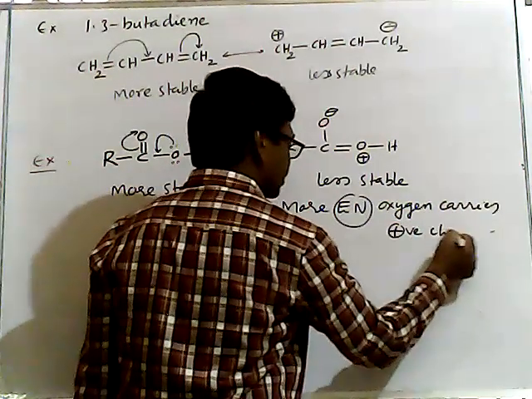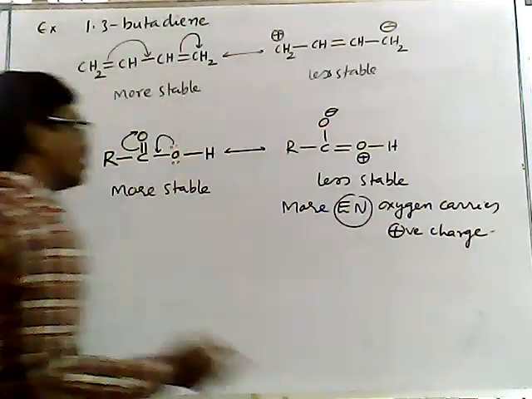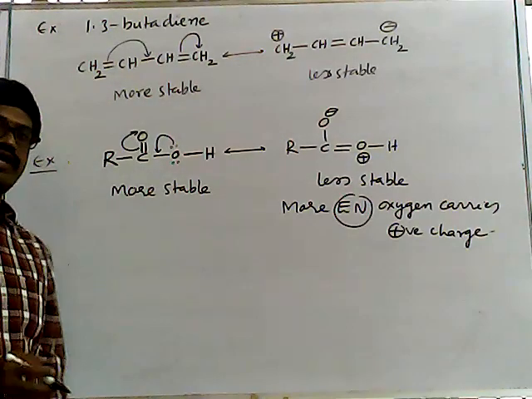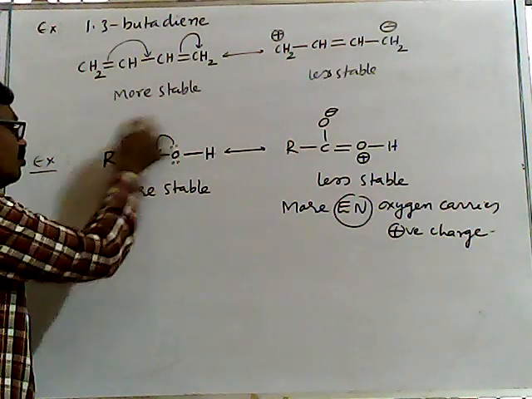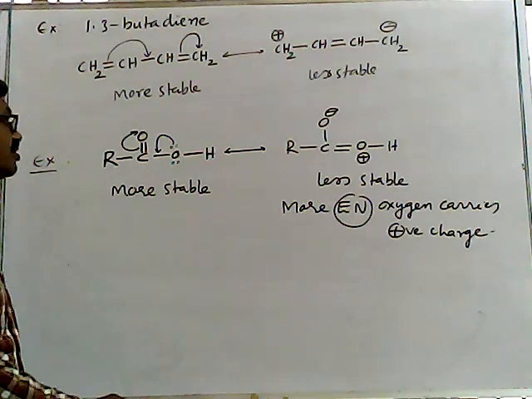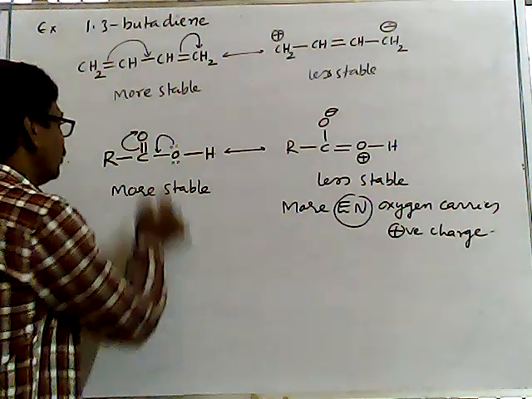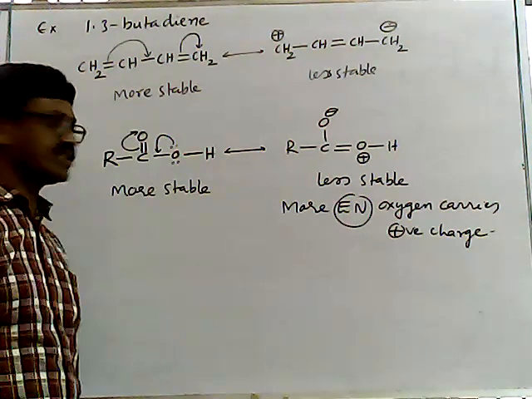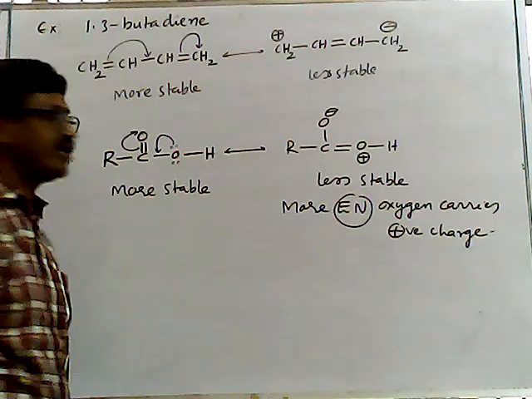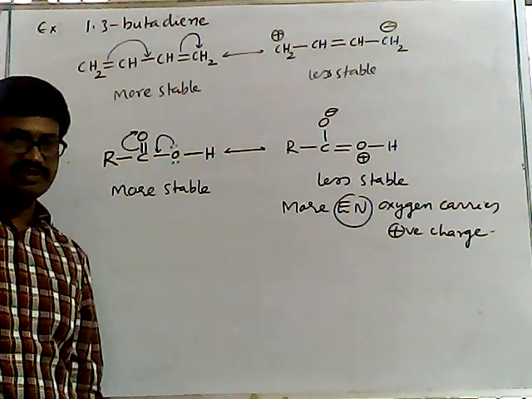That is the reason. Sometimes reasoning questions they also ask from this: why is it stable, why is it not stable? It is stable because more covalent bonds are present, and all atoms have octet structure here. Here all atoms may not have octet structure.